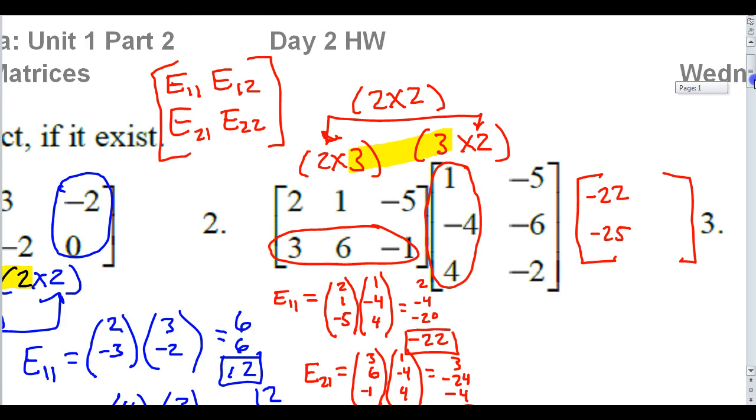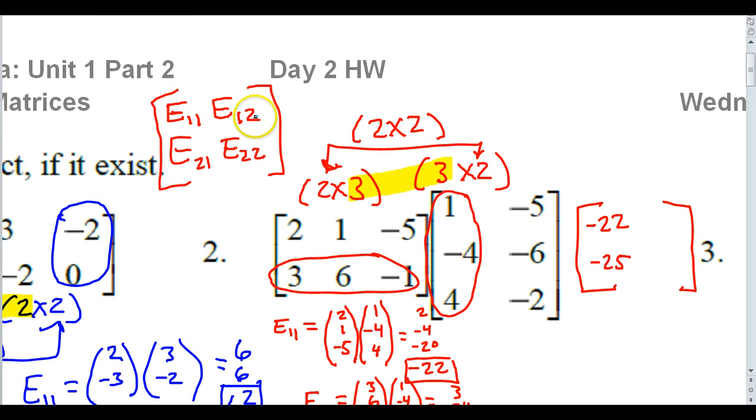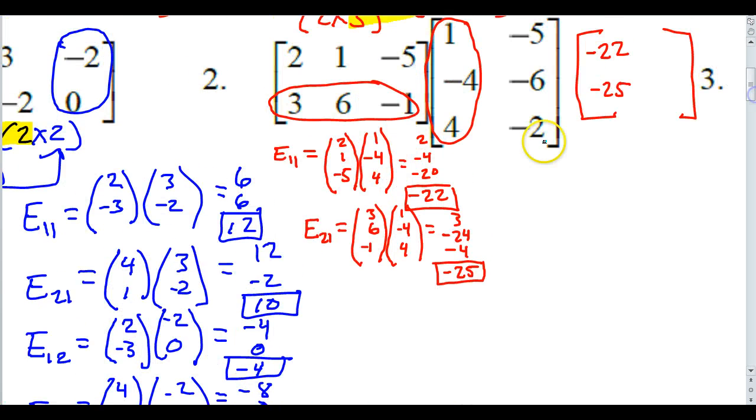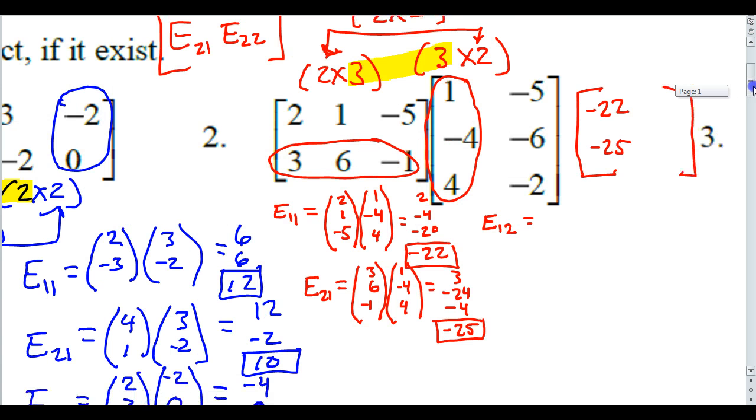Now I'm going to go ahead and find element 1, 2. Maybe I can squeeze this in over here. Element 1, 2, so that's going to be row 1, column 2.